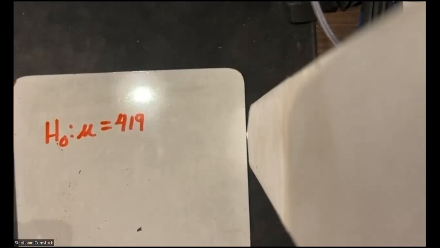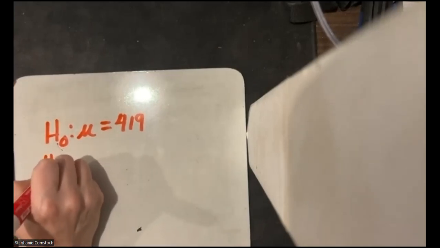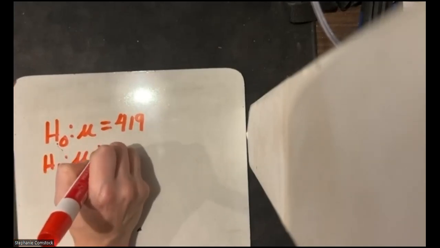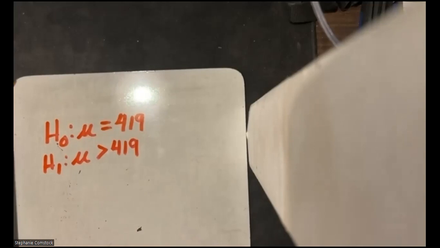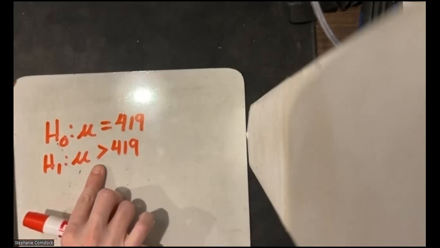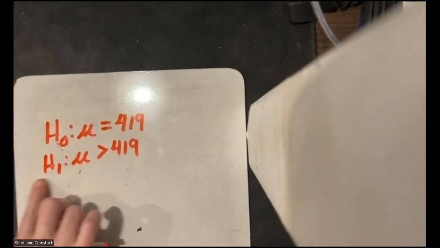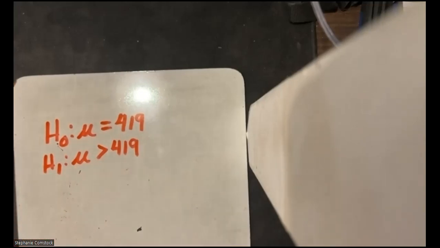The agricultural scientists believe the new fertilizer may increase the yield. So if they think it's going to increase, then the mean will be greater than 419. It is worth noting that this H1 statement is either going to be greater than, less than, or not equal to. Those are the only three options. It can't be anything other than those. This is how to set that up.